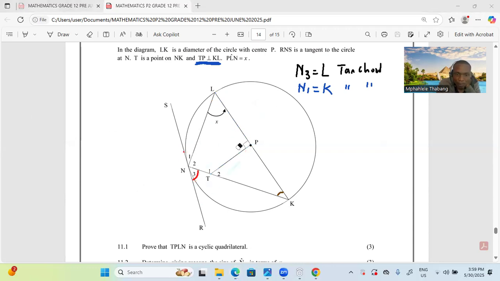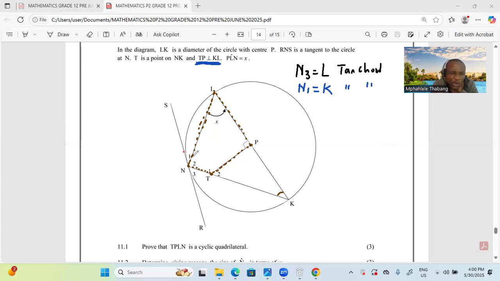They are talking about the quadrilateral TPLN. They are talking about this quadrilateral TPLN. So they are saying we should prove that this quadrilateral is a cyclic quad.